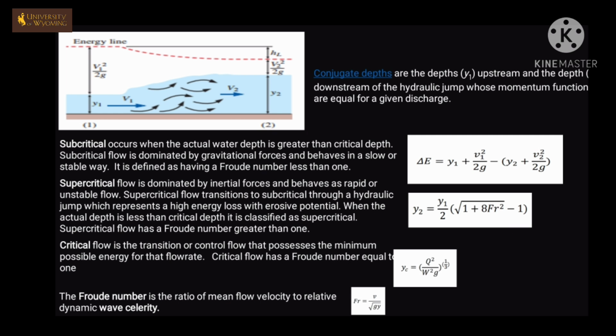Energy loss across the jump can be calculated by the formula ΔE = (y1 + v1²/2g) − (y2 + v2²/2g). And finally, the relationship between the conjugate depths y1 and y2 is given by the equation y2 = (y1/2) × (√(1 + 8Fr²) − 1).